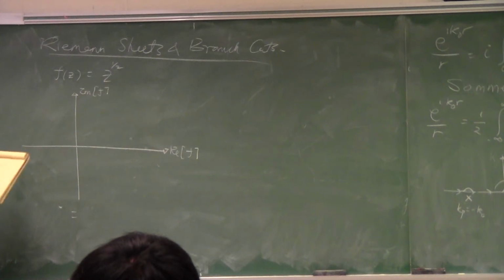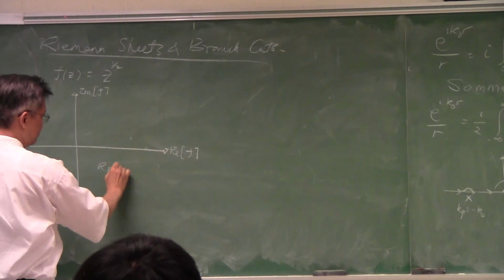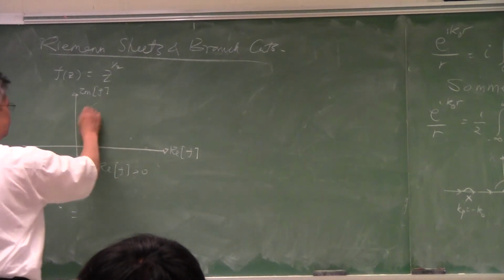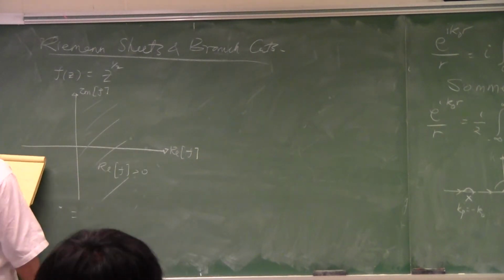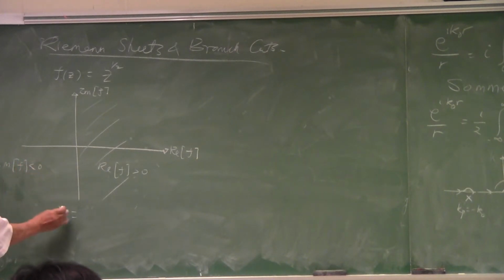On the right-hand side, the real part of f is larger than 0. And on the left-hand side, the imaginary part of f is less than 0.